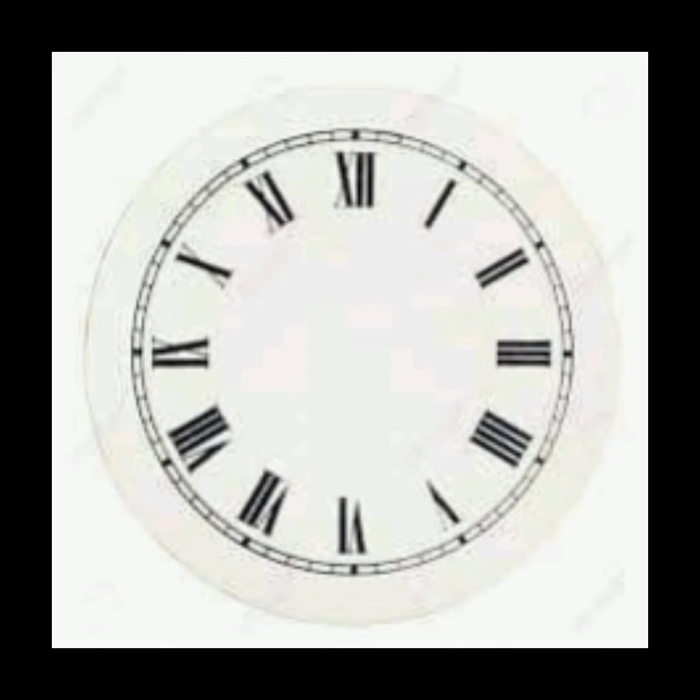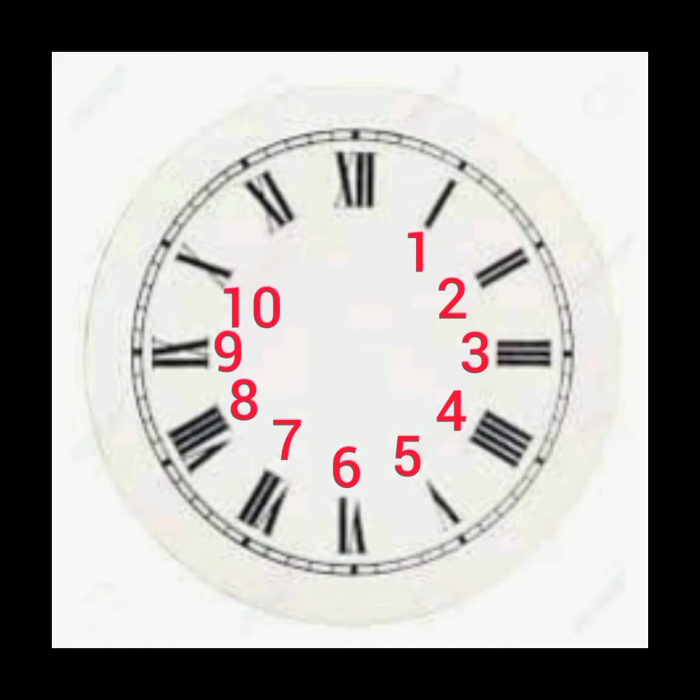So number 1, then this is number 2, number 3, number 4, number 5, number 6, number 7, number 8, number 9, number 10, number 11, and number 12. Each of these numbers represents a Roman numeral.